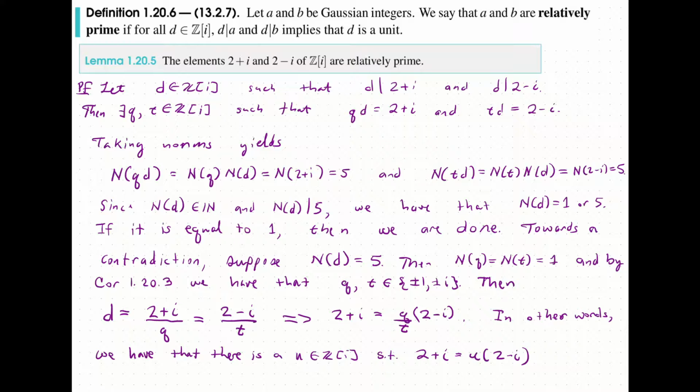But if we go through and multiply the 4 possibilities by u, since u is in plus or minus 1, plus or minus i, we see that this is impossible.